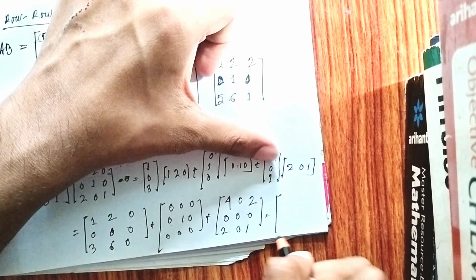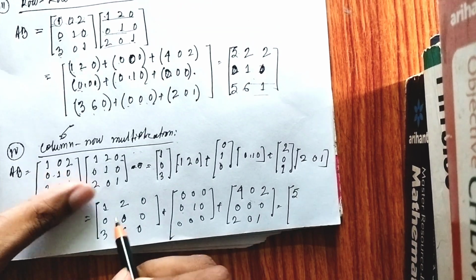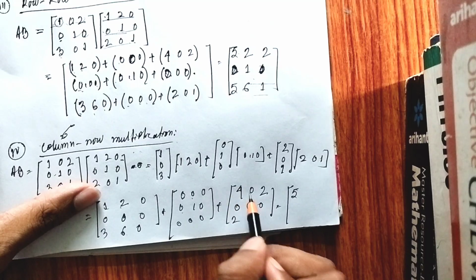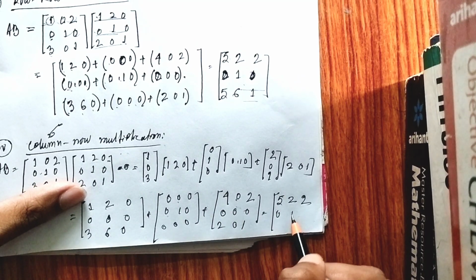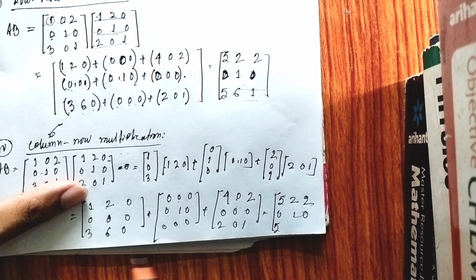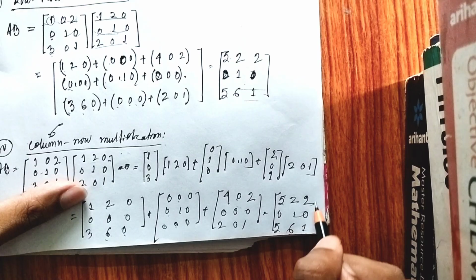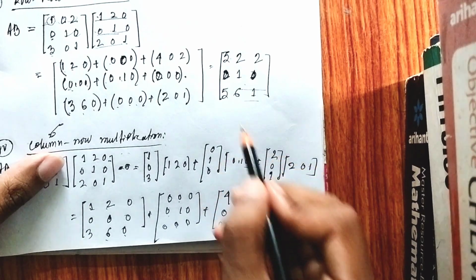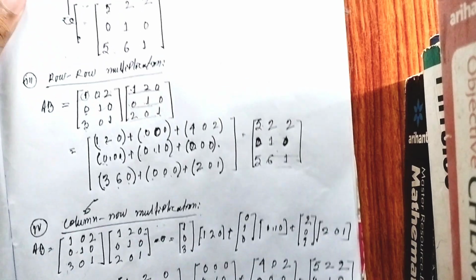And now just add them, 1 0 4, that means 5, 2 0 0 plus 0 1 0, and ultimately 5 and 6 plus 0 plus 0 is 6, 0 plus 0 plus 1 is 1, again the same result as before. So these are the 4 multiplication processes that we need to understand.